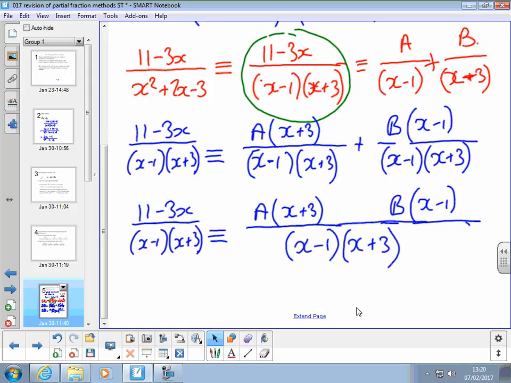Yeah? Anyone remember what the next step in solving the partial fractions is? The question is really, how do we find the constants A and B?